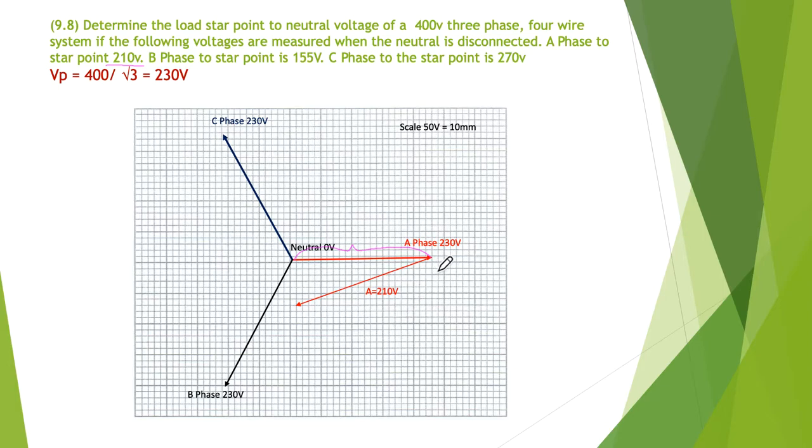So you set your compass to 210 in length, and you can see that somewhere out here, you're probably not going to be able to tell straight away, but you're probably going to have to draw an arc that kind of follows out here. It's going to be in this kind of space, but we don't quite know where yet. The next is to do the same with the B phase.